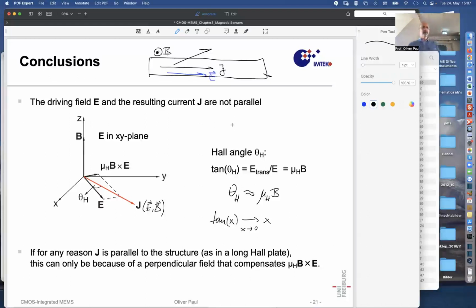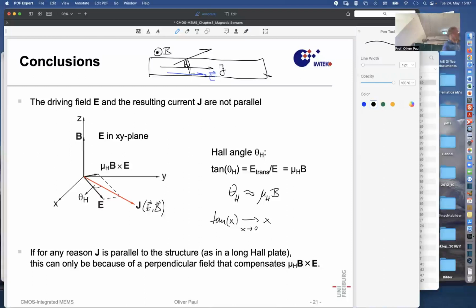And then the current cannot now rotate out of the direction with a Hall angle theta H, because that would mean that there is a current contribution disappearing from the conductor. Where? There is conducting material only in this middle, and outside it's isolated.